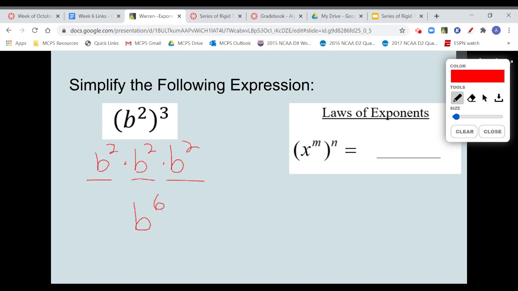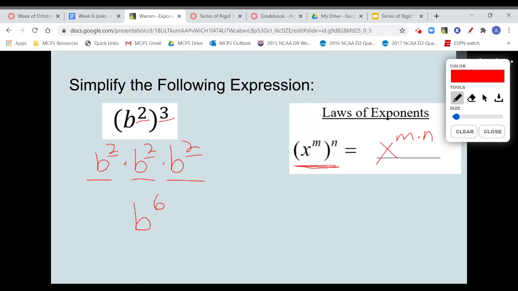Okay. Well, if you notice, this 6 comes from me taking 2 3 times, which means 2 times 3. So if I have this in the form x to the m, all raised to the n power, that becomes x to the m times n power.